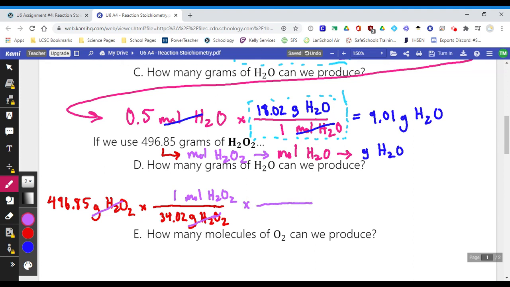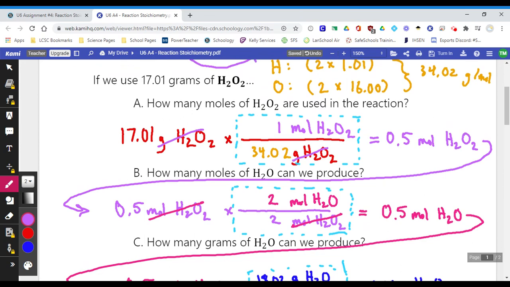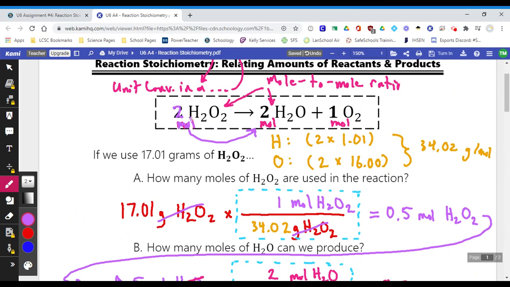All right. So let's see. Now I'm trying to get rid of moles of H2O2. Okay. Now, if I want to learn something about this other chemical, about water, I can go from moles of one chemical to moles of another as long as they are related in a reaction equation, which I have up here. 2 moles of H2O2 can make 2 moles of H2O.